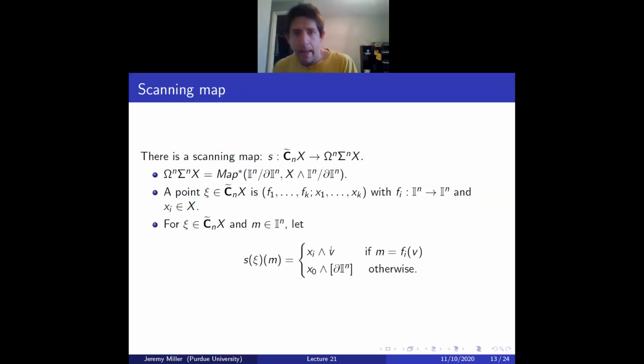So now I'll tell you about the scanning map. It's going to be a map of algebras over the little cubes operad, or a map of algebras over this monad.